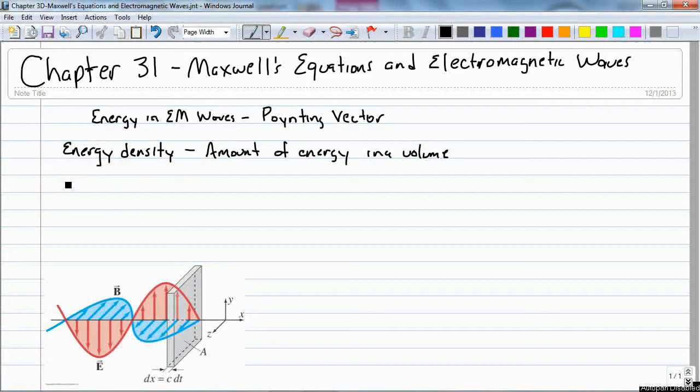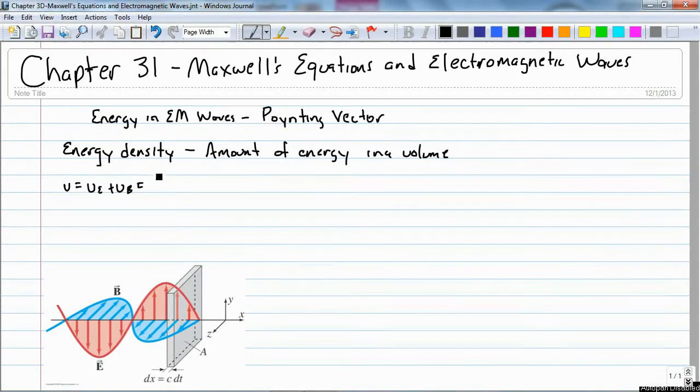And for capacitors and inductors, we derived forms, and we had U, and that's equal to U of the electric field plus the energy in the magnetic field.